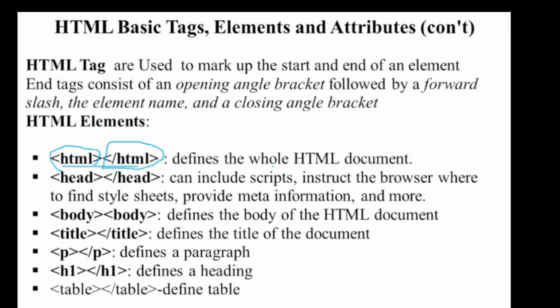So this defines the whole HTML document or the web page. HTML. This is head, opening and the closing tag. It can include a script and instruct the browser where to find the custom style sheet, also to provide meta information and more about head of your web page. The other, when you come to the body, here is the open tag, this is the closing tag.